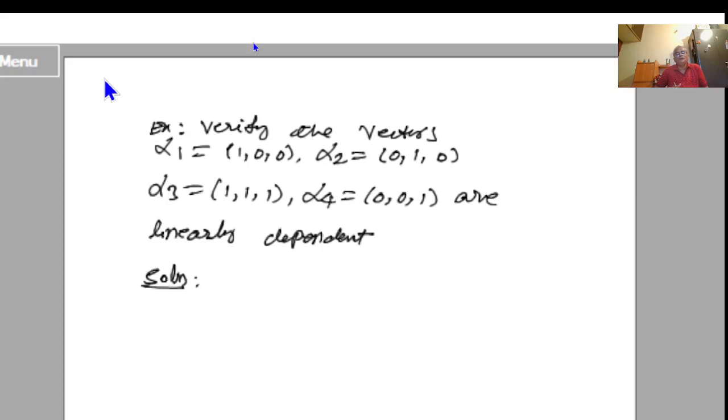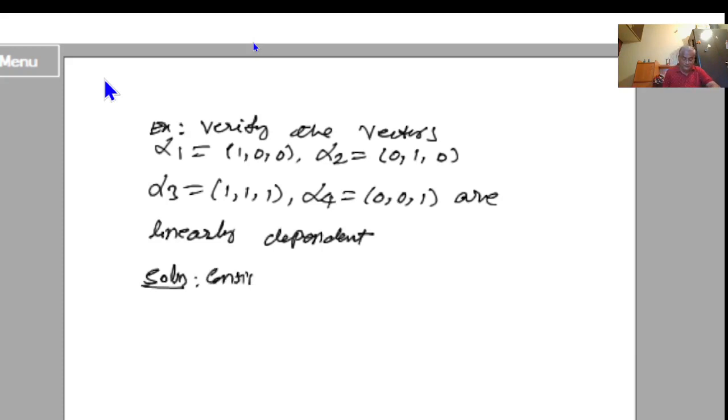If at least one scalar is non-zero, then we say that the vectors are linearly dependent. And if all the scalars are equal to 0, then we say that the vectors are linearly independent. So first consider the linear combination.